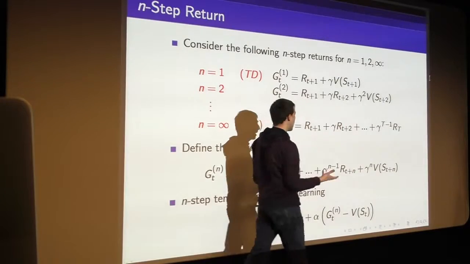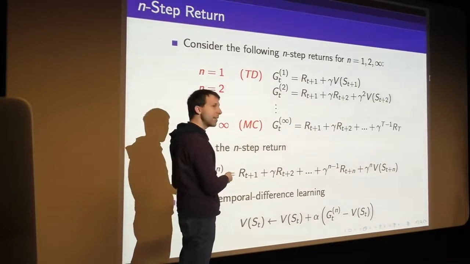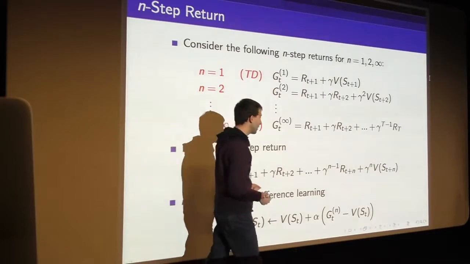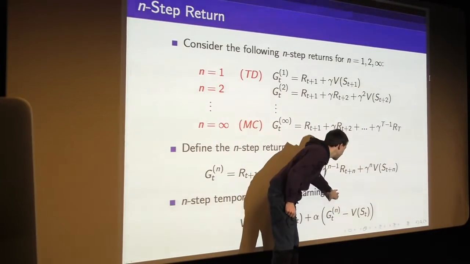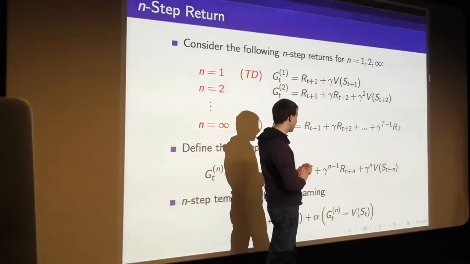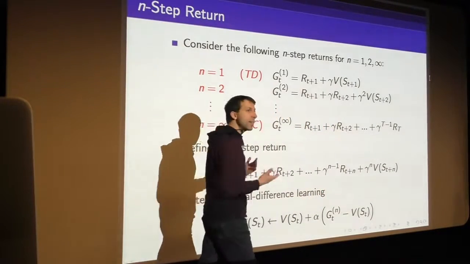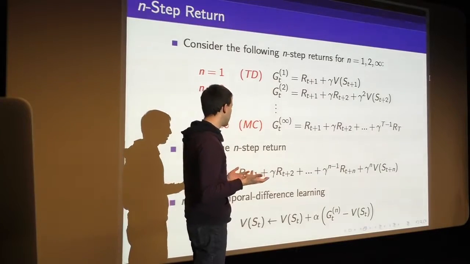And we can use that as our estimator. And we can plug this in the same way that previously we took our Monte Carlo estimate and plugged in our TD0, our TD target, in place of the actual return. Now we're going to plug in our n-step return as our target. So what's this telling us now?